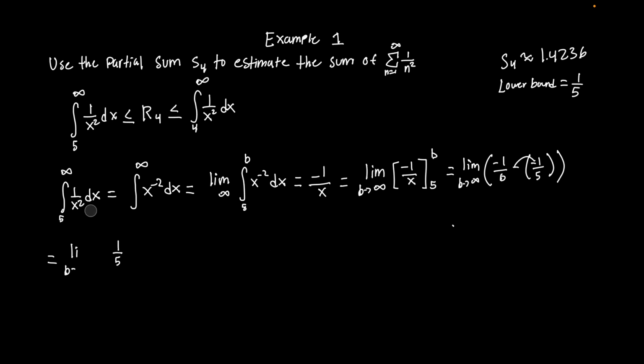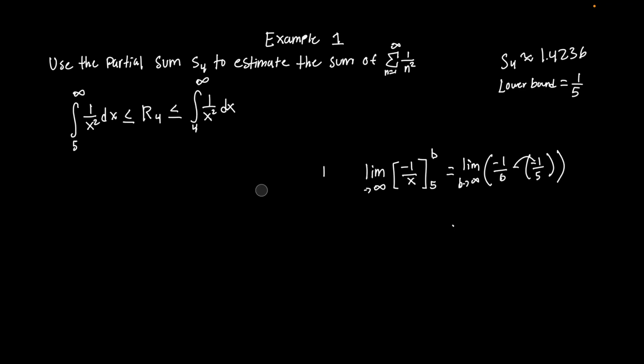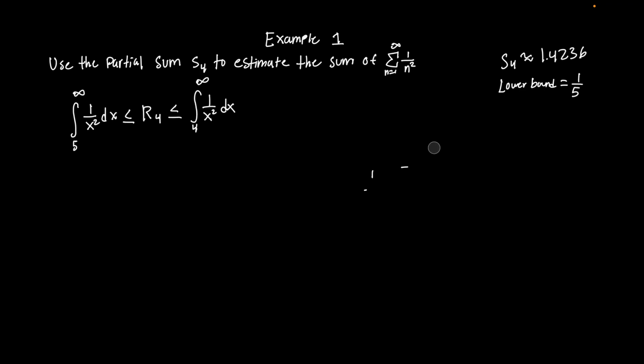So now we're going to go ahead and compute the lower bound. Sorry, upper bound. What am I saying? So the upper bound is the same thing, from infinity to 4, of 1 over x squared dx. Since they're the same integral, you don't really have to do anything.